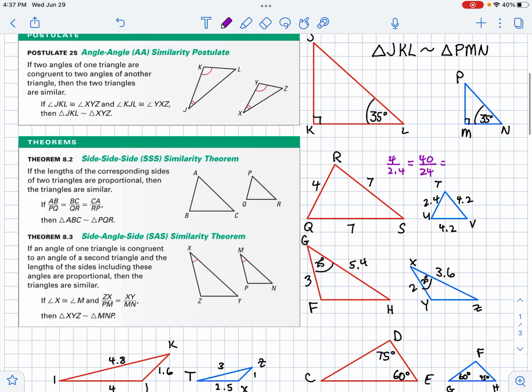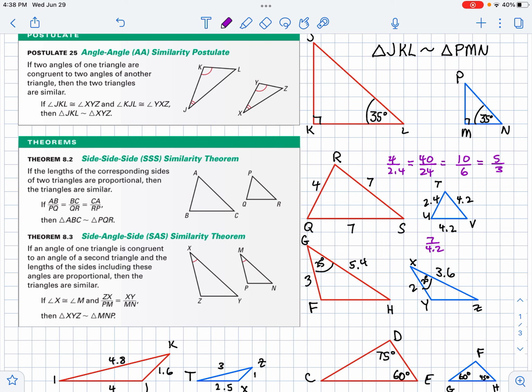But now look what you get here. We've got 40 over 24. I'm just reducing the fraction now. 4 will go into 40 10 times, 4 will go into 24 6 times, so that's 10 over 6, and 2 will go into 10 5 times, so it looks like that ratio is 5/3. So now let's look at the other ratios. We've got 7 over 4.2.